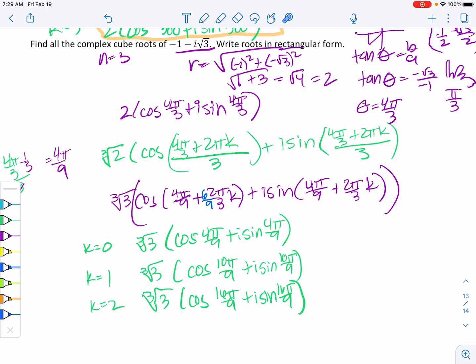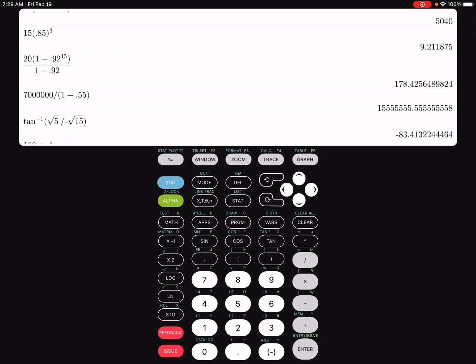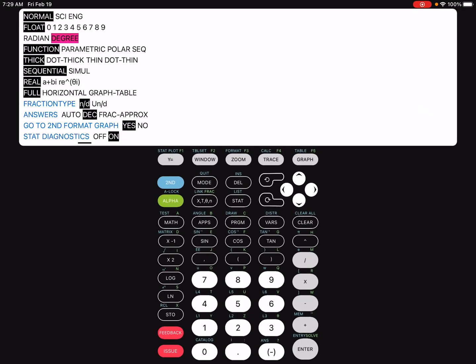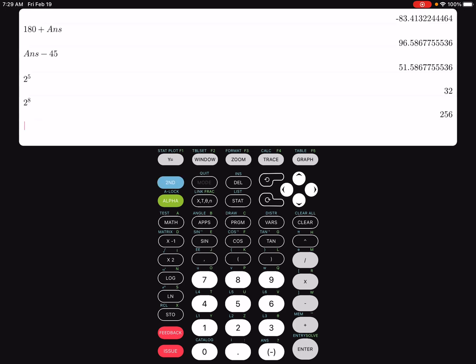This one is not on our hand trick, because 4 pi ninths is not one of our special right triangles. So that means that I need to use my calculator to evaluate it. So I need to be in radians, because this is in radians. So we're going to go to our calculator, make sure we're in radians. So once we're in radians, then I'm going to do the cube root of 3.